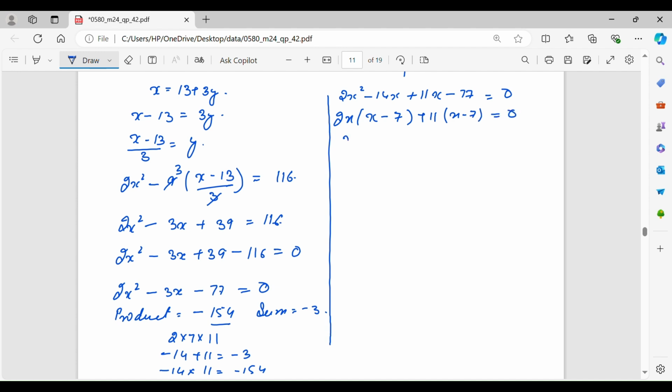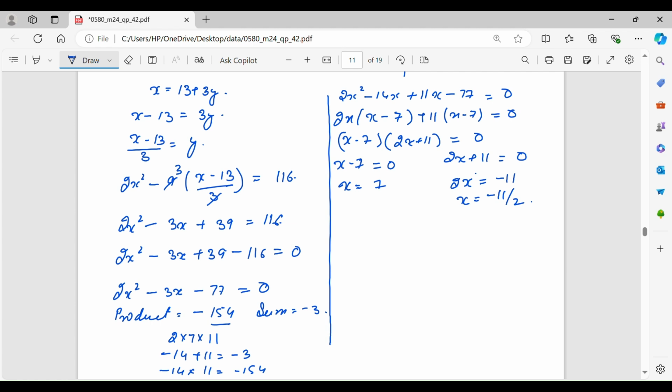So x minus 7 and 2x plus 11 equal to 0, that is x minus 7 equal to 0 and 2x plus 11 equal to 0. Now x will be equal to 7 and 2x equal to minus 11, so x will be equal to minus 11 by 2.